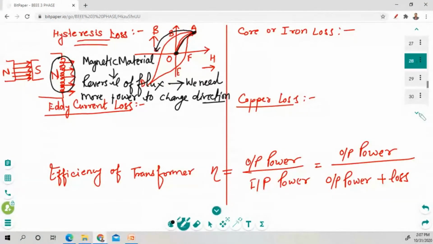When you give more power, then what happens? This power is going to be dissipated.